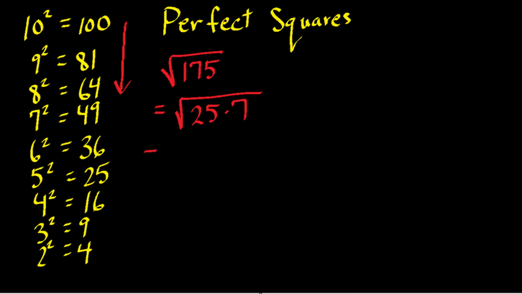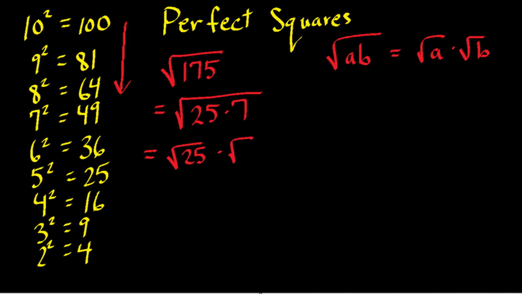And then we can use that rule that says square root of a times b can be written as square root a times square root b to break this down into square root 25 times the square root of 7. And then we can get to our final answer by performing the square root 25. And our final answer is 5 square root 7.